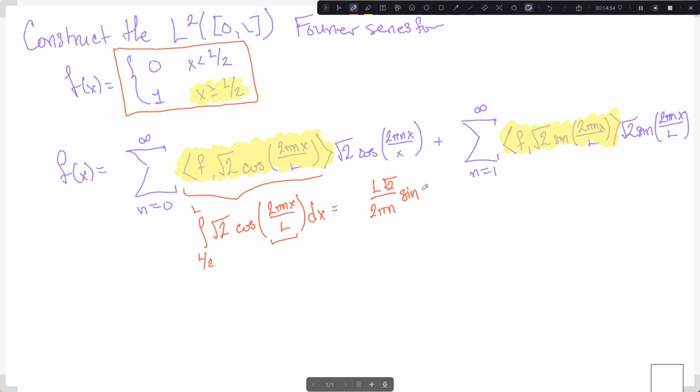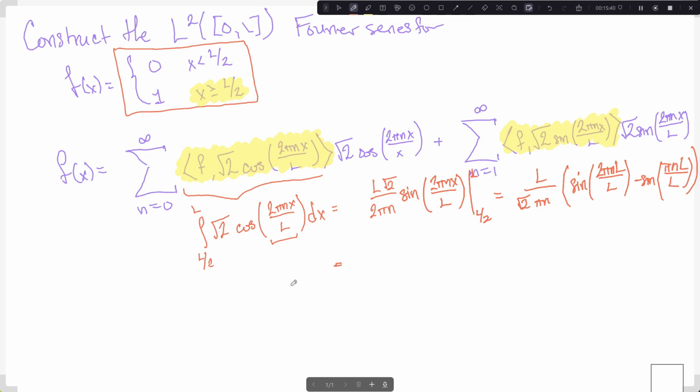The antiderivative of cosine is sine, 2 pi n x over L, evaluated at the bounds, L over 2 and L. And this is going to give me, if I simplify what's on the left there, L divided by root 2 pi n times sine at 2 pi n L over L minus sine at pi n L over L. I canceled a 2 there.